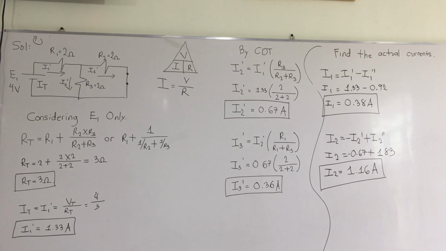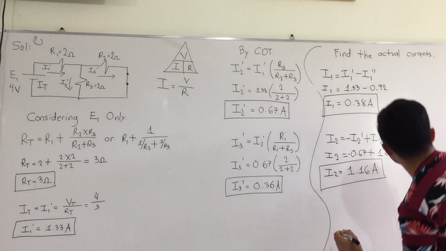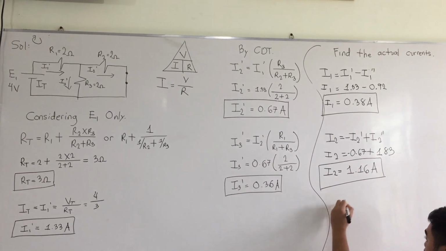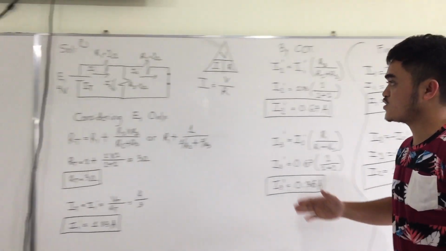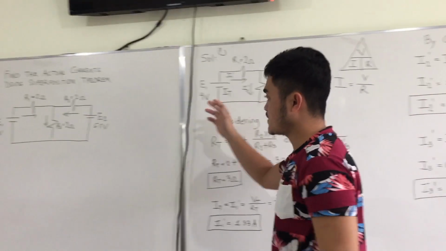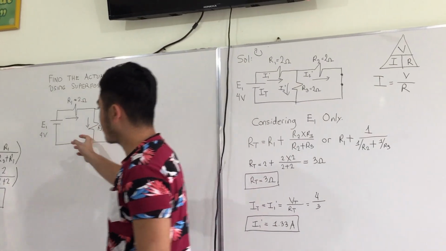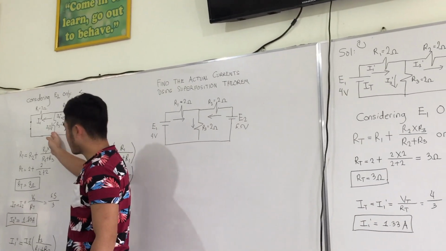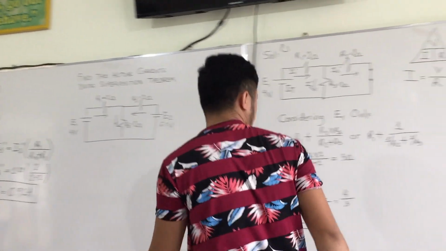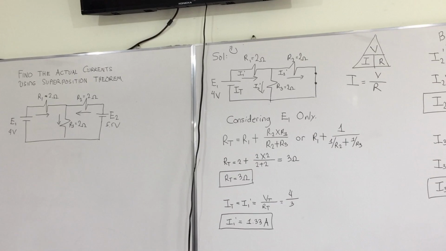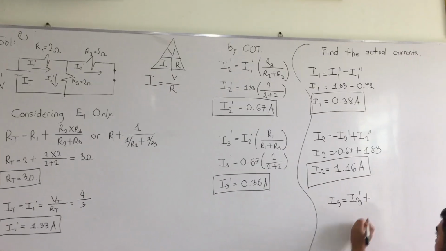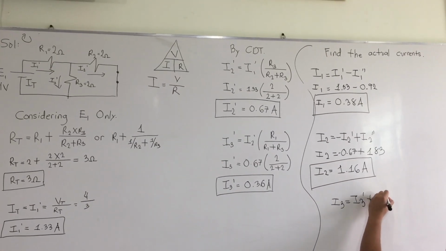Now, lastly, we need to find the I sub 3. Makikita natin na yung direction ng I sub 3 prime, I sub 3 original, and our I sub 3 double prime ay pare-pareho lang, so that is positive. So positive I sub 3 prime plus I sub 3 double prime.